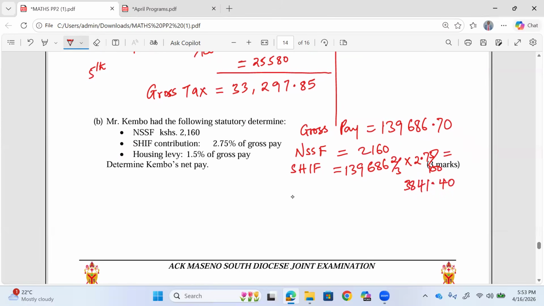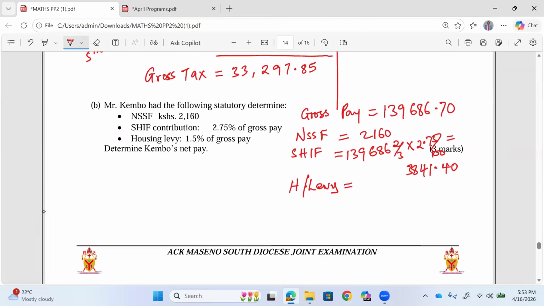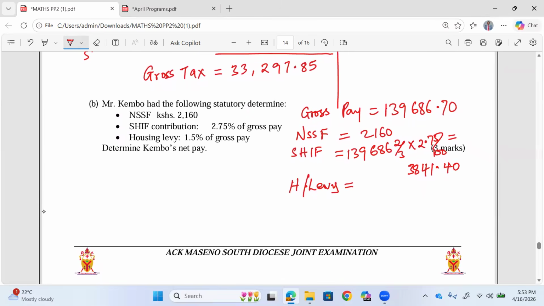And again, there is the housing levy, 1.5%. 139,686 and 2/3 of a shilling times 1.5%.